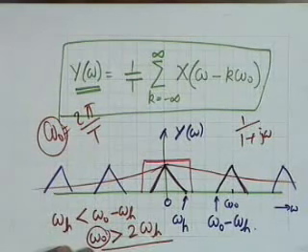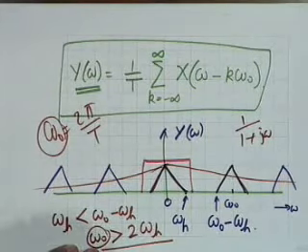And this is the great sampling theorem, that if you want to sample a signal, the information content of the signal is not lost, nothing is lost, provided two constraints are satisfied. One is the original signal is band limited, and the sampling frequency is at least twice the highest frequency content.